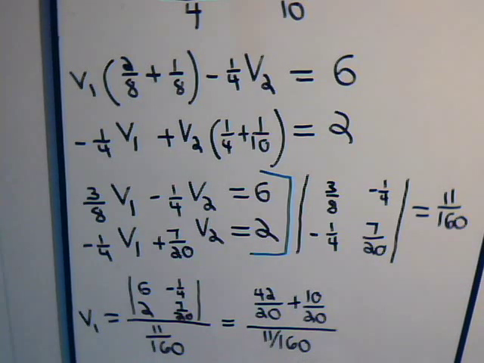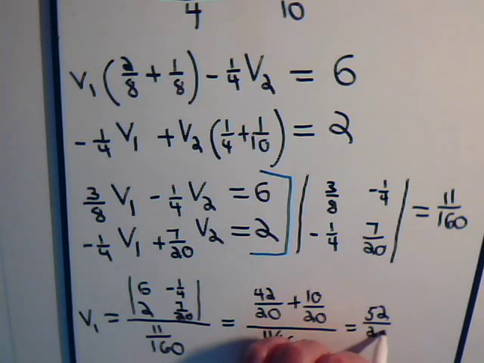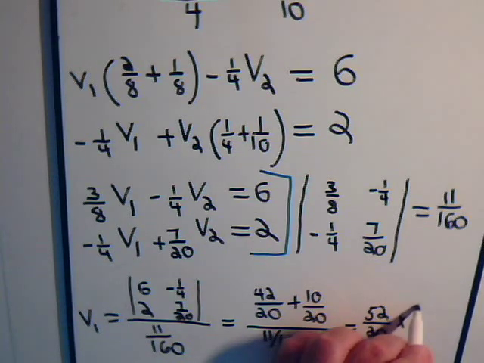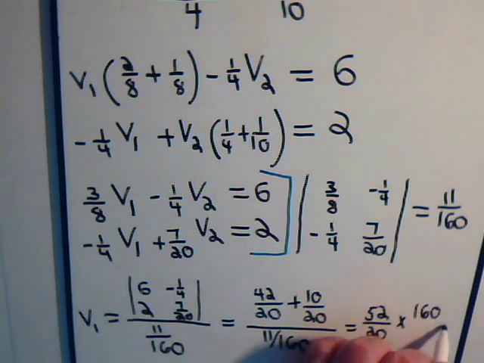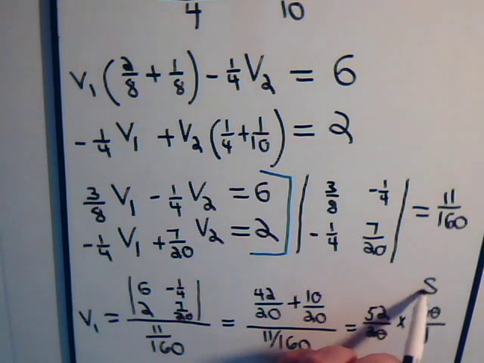So here we have 52 divided by 20 times the inverse of this, 160 divided by 11. So here we have 160 divided by 20, that is 8.